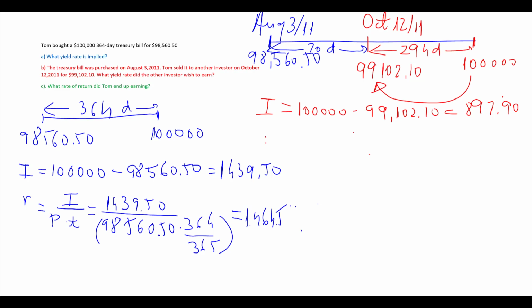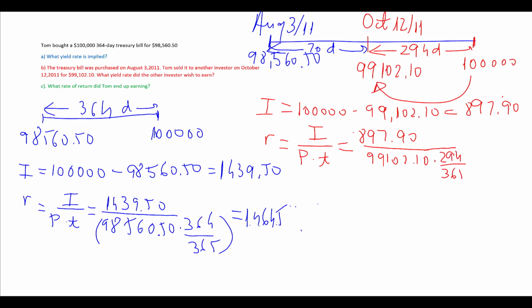So to calculate the rate, we have the overall return expressed in dollars divided by purchase price and time. So we have a return of $897.90 divided by the purchase price for the second investor, $99,102.10, and the time 294. We divide by 365 to convert into years.